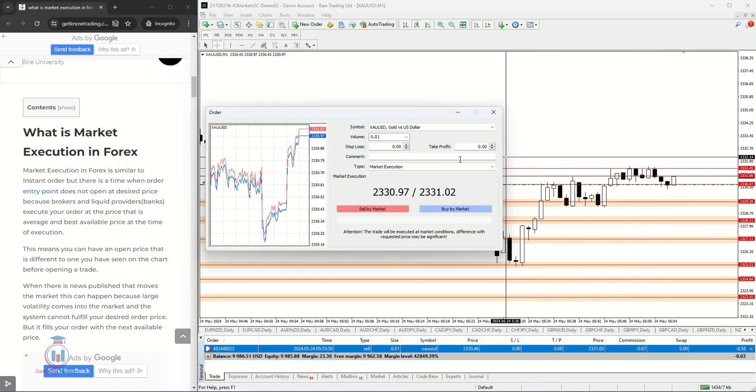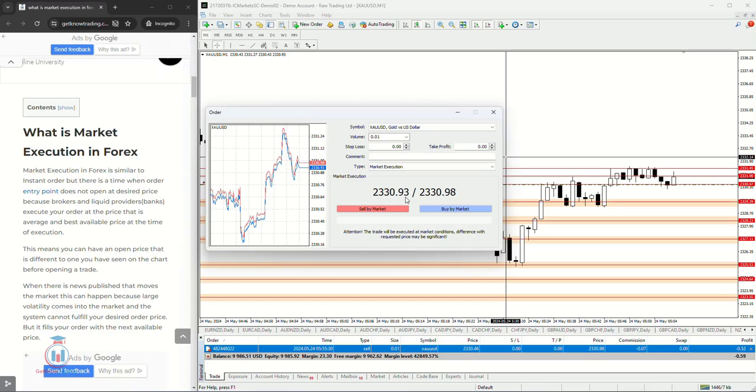Instead of completely requoting you, that means sending you information that you need to send another request to open a new order, the broker will open the order at the average price. So it is better to open at any price than not opening the order at all.